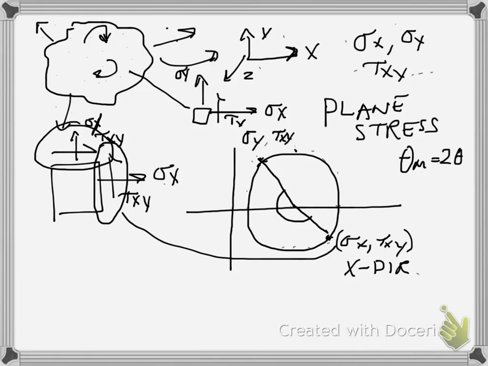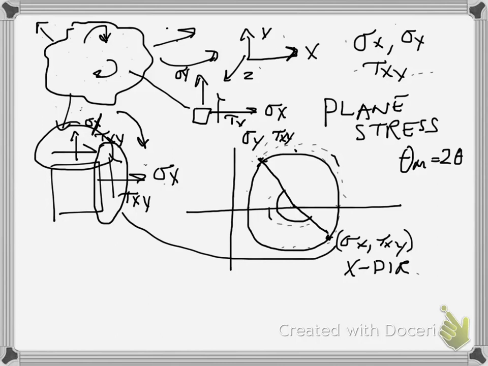And so what that means is if we were just going on Mohr's circle alone, the angle between the Y direction and the X direction would be 180 degrees divided by 2, so 90 degrees. In this case, we could say that to get from the Y direction to the X direction, we have to go clockwise 90 degrees. Well, on Mohr's circle, that means we should go clockwise 180 degrees. And that's what you see.